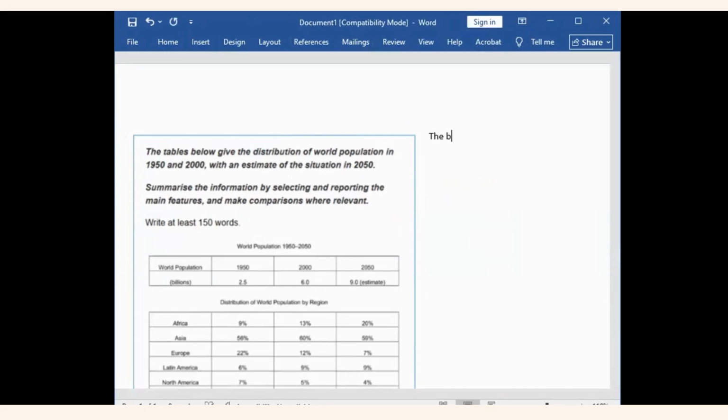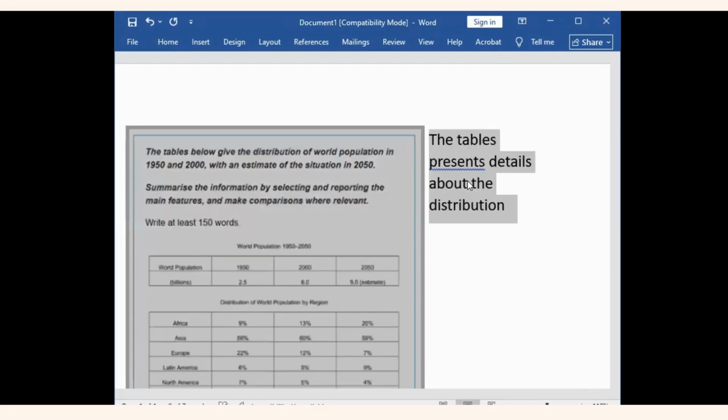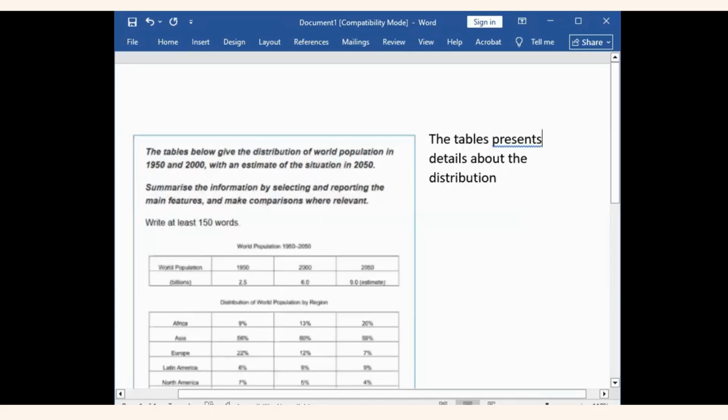The tables present. So instead of saying gives, I will say present. Okay? Details about the world distribution. Let me make this bigger. The tables present details about the distribution.